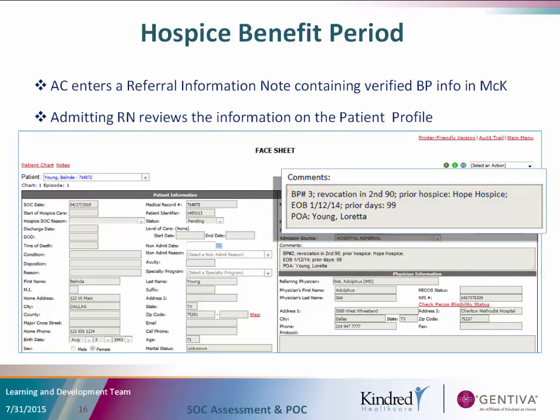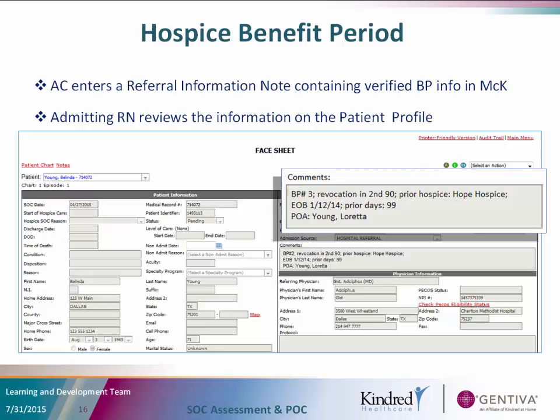The admission coordinator will check financial eligibility, looking for the Medicare hospice benefit and any other payers as they do now to determine primary and secondary payers for hospice care. They will then send their findings to the admitting RN by using the referral information or RI note.